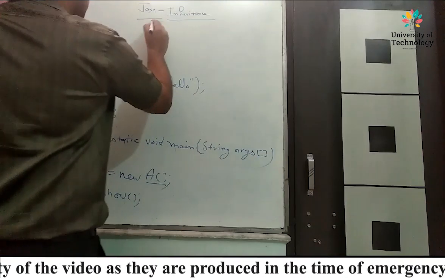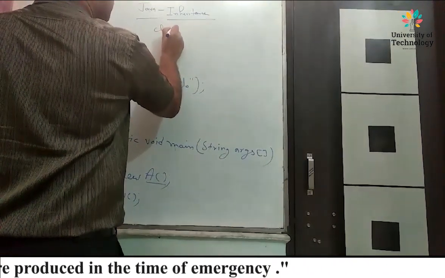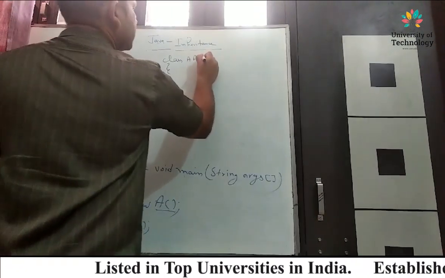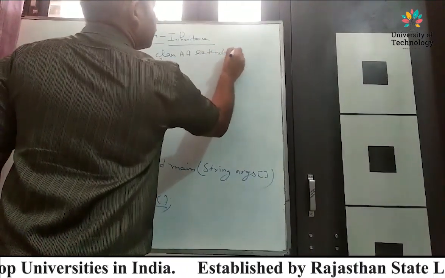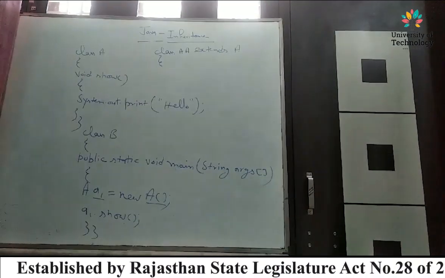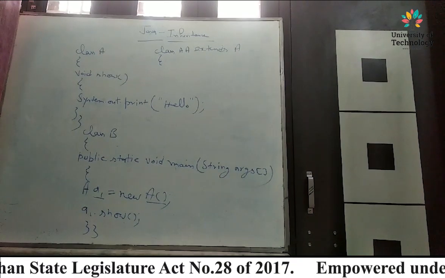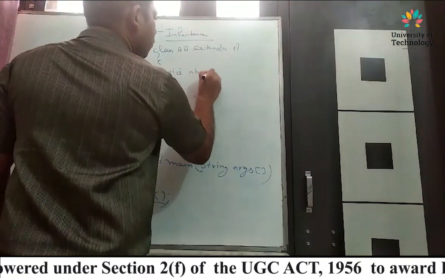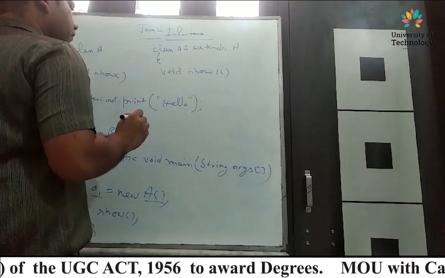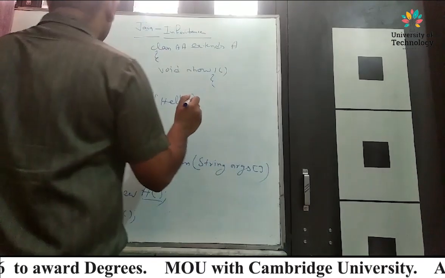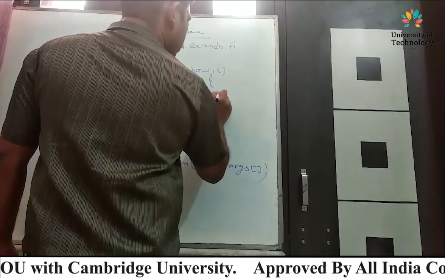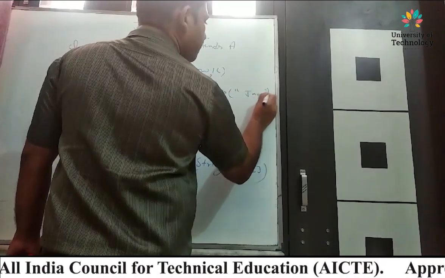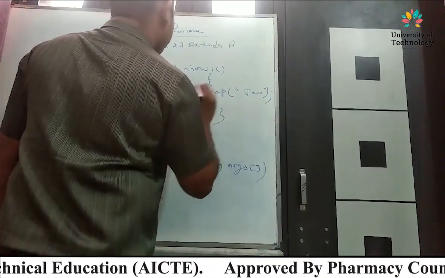Suppose I write here class AA extends A. Class AA extends A. Next, void show1, system.out.print Java.